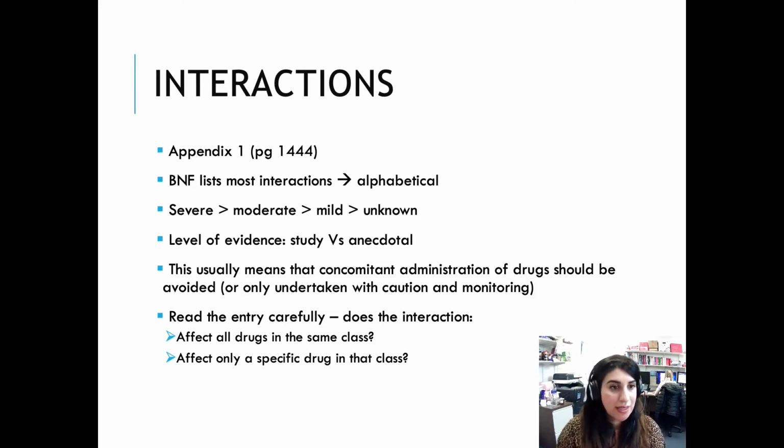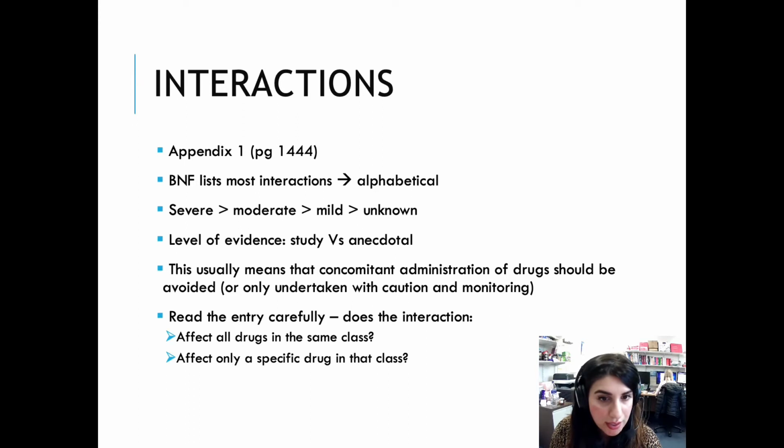Within that section, whether it's online or by paper, it will say whether the interaction is severe, moderate, mild, or unknown. And it'll also tell you the level of evidence that they have used to decide that this interaction exists, so whether it's by studies or whether it's theoretical, so anecdotal. If there's a severe interaction, it usually means that something needs to happen.